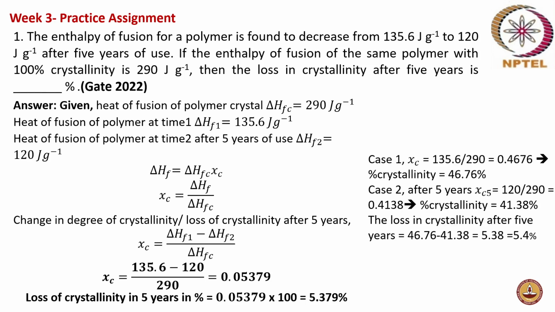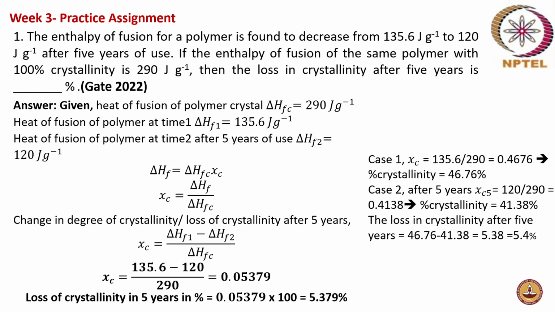Okay. So this we can also solve in other form. As you said, straight away you can find out what is the crystallinity initially when the heat of fusion was 135, by just incorporating the values of Hf and Hfc. So Xc1 is 135.6 by 290, that is 46.76% of crystallinity.